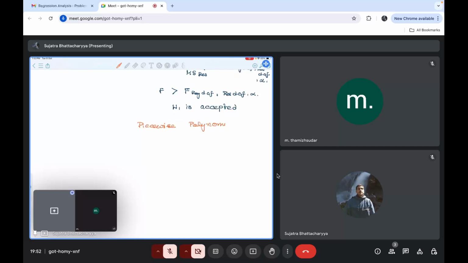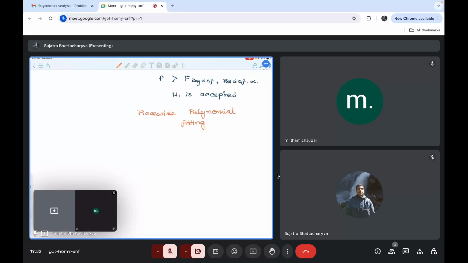Since time is there, I'm just going into it. So when will we be using it? When functions behave differently in different parts of X.